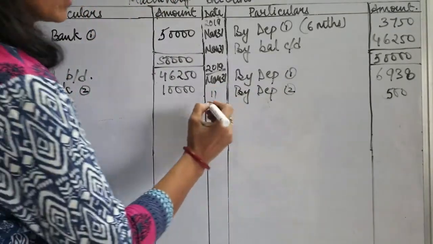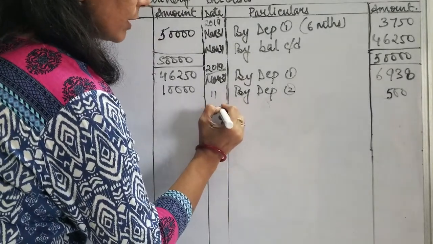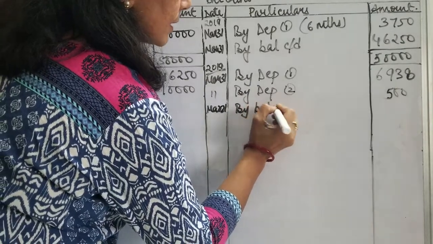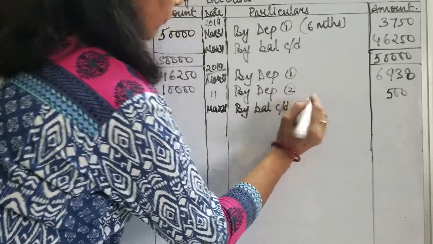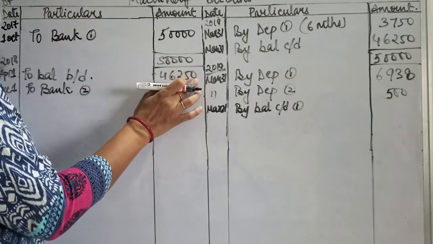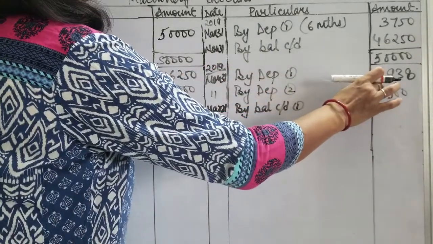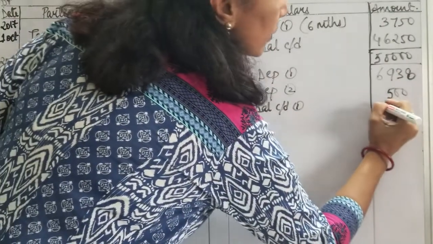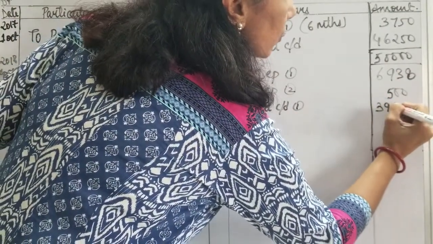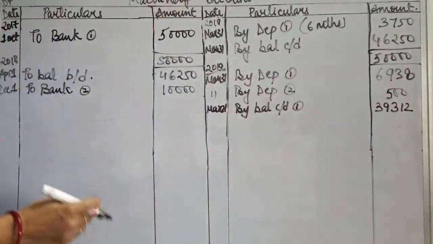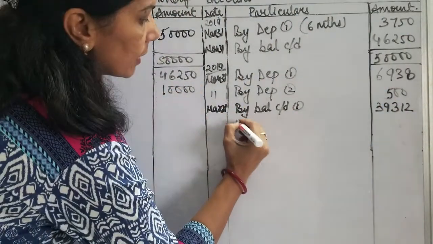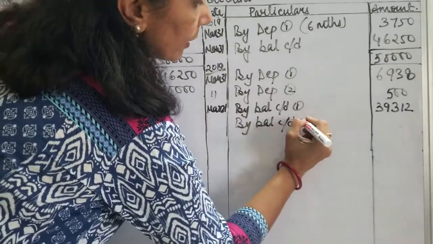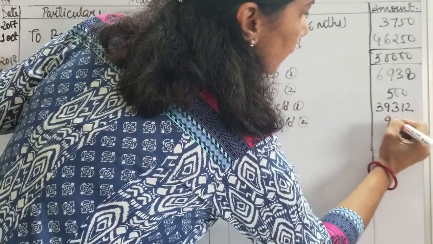Now again we have to take the closing balances of these machineries. So March 31st by balance carried down of machinery 1, 46,250 minus 6,938 comes to 39,312, right? And 10,000 minus 500 will come to 9,500.